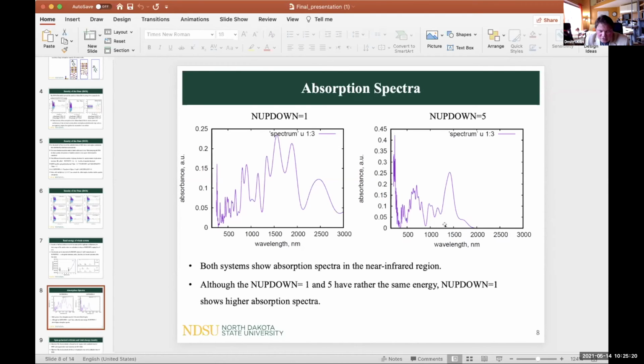So does it agree with your hypothesis that N up down 1 has lower transition energy, or longer wavelength? Yes. The wavelength is around 2,050, 500, and this one is around 1,500. Very good. Nanometers. Yeah. Okay. More questions to Sarah.